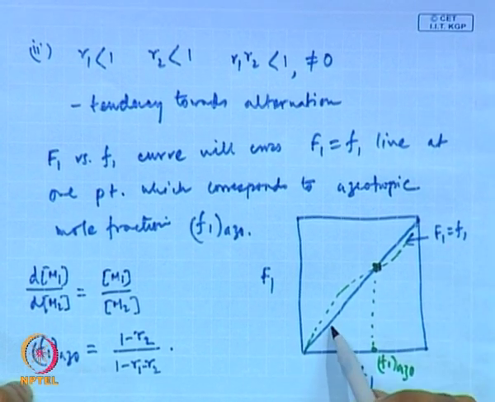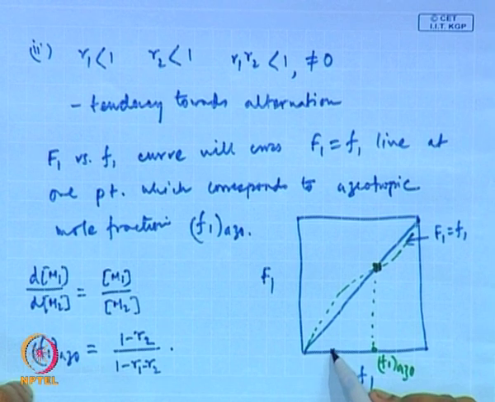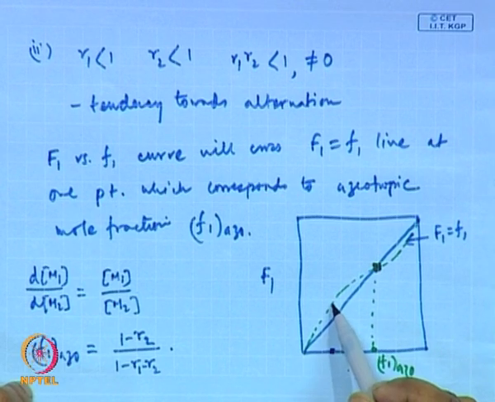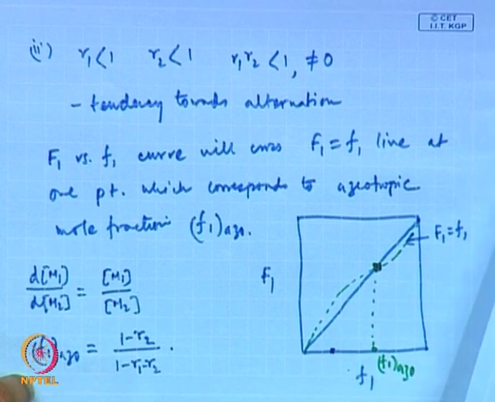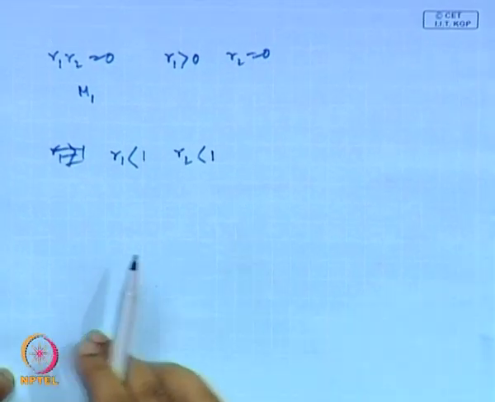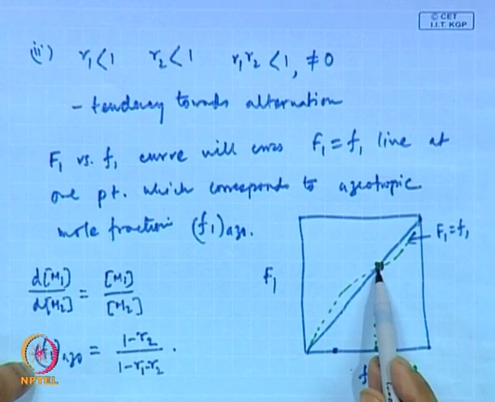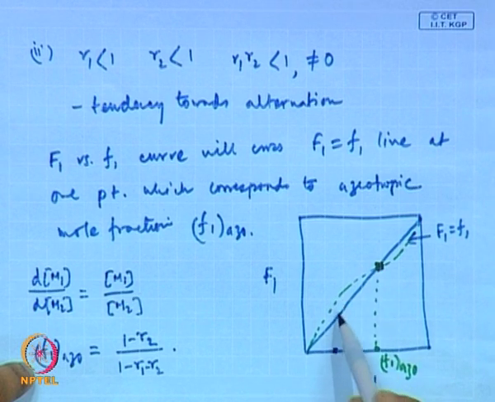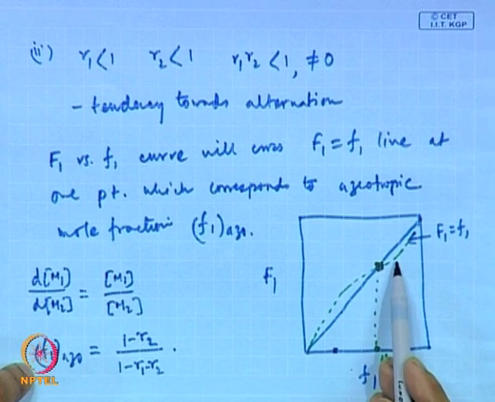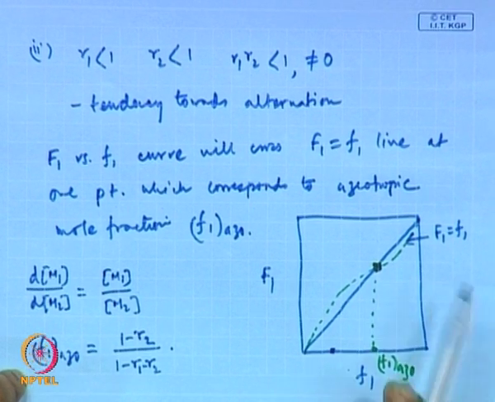If you start from a composition here, say this point, now because M1 is getting incorporated faster, in this case below this point, before this point, M1 is getting incorporated in the chain faster, and after this point M1 is getting incorporated at a slower rate.